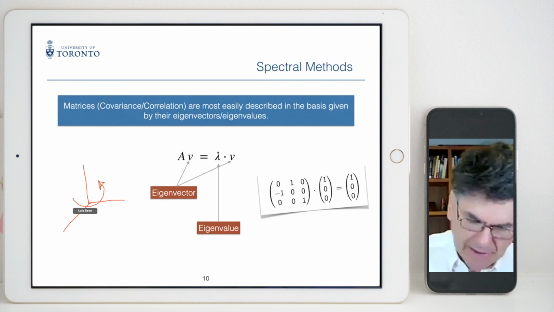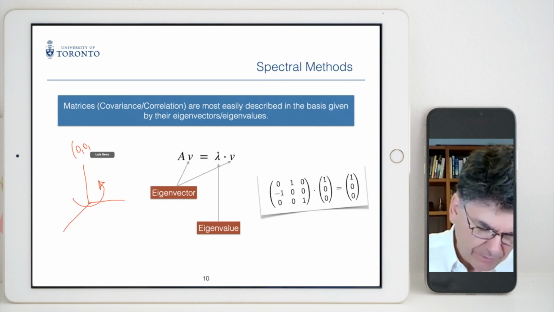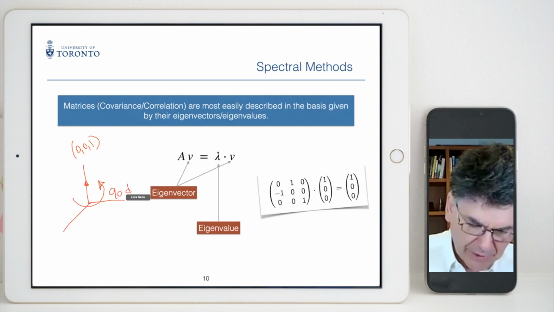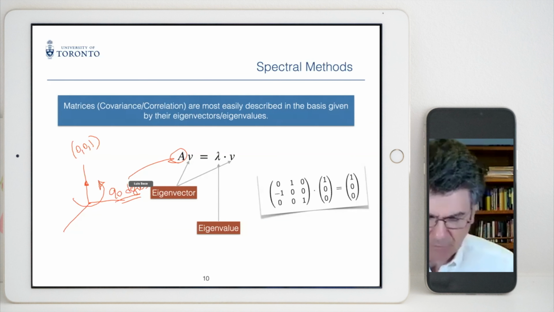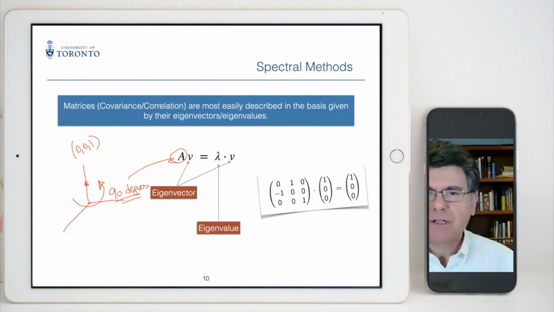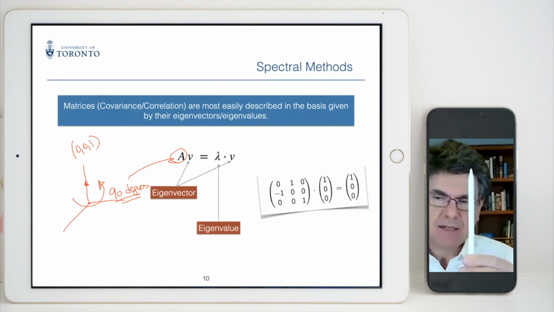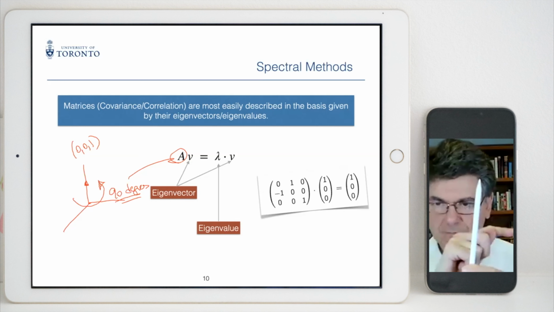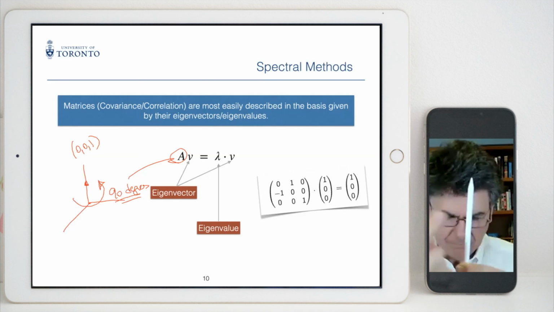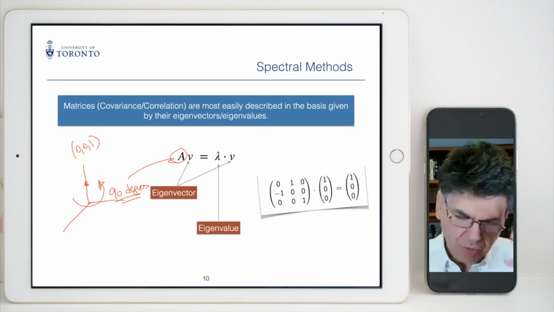The z-axis is the eigenvector 0, 0, 1. So the eigenvector is the direction that stays invariant, in this case, through a rotation. That's how you visualize eigenvalues and eigenvectors.